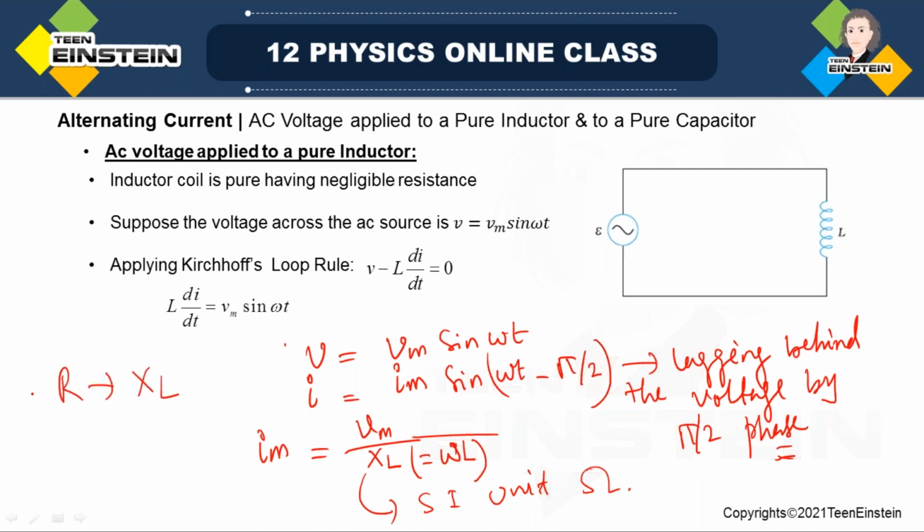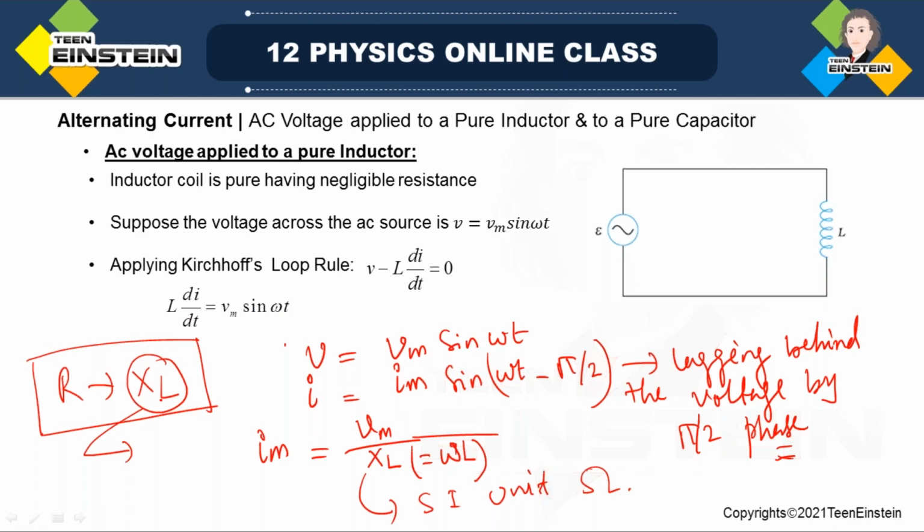In the pure resistive circuit, resistance opposes the current or limits the flow of the current in the circuit. And we are saying that in a pure inductive circuit also, an equivalent quantity called inductive reactance is there.